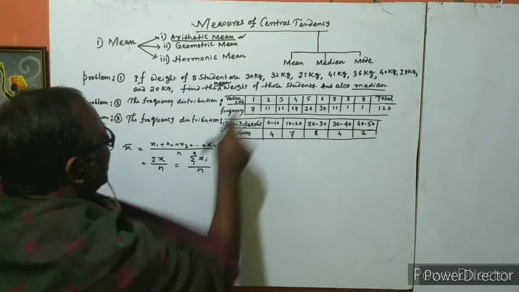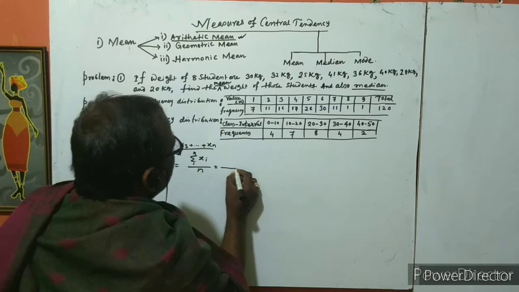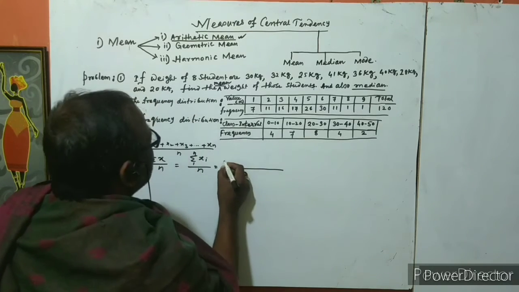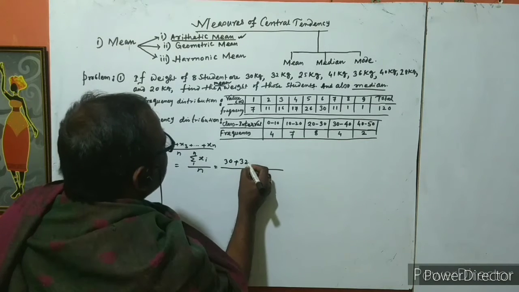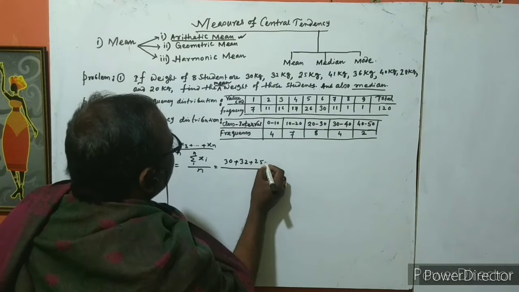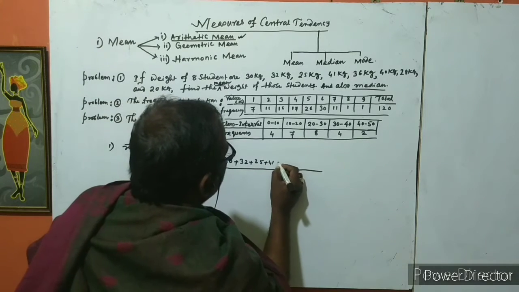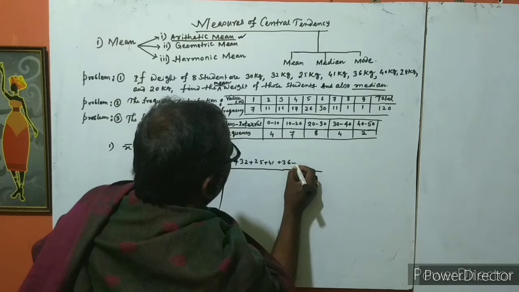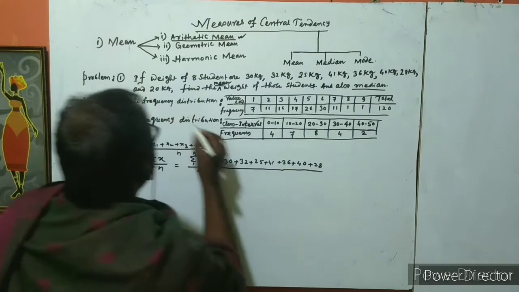Here we see the data: 30 kg, adding 32 kg, 25 kg, 41 kg, then 36 kg, and 40, and 28, and also 20 kg.